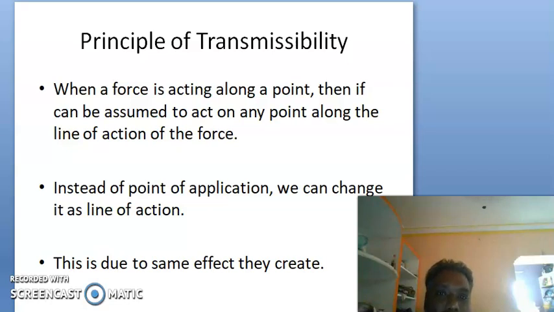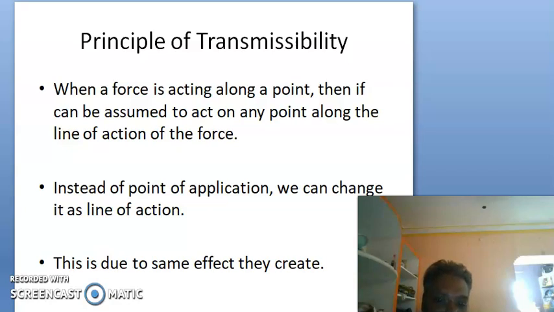This is called the principle of transmissibility. So already we discussed force requires a point of application, but here we can change it to line of action. So we say a force is characterized by magnitude, a direction and a line of action.